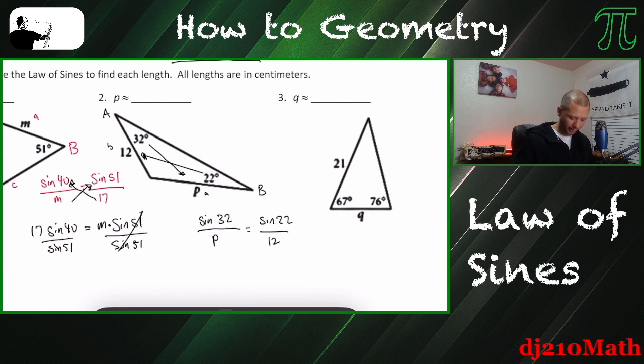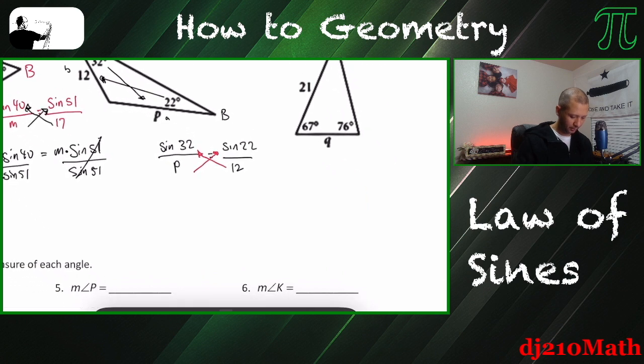Okay, trying to isolate p. It's in the bottom. So I'm going to bring up each of the denominators. So this is going to be 12 sine 32 is equal to p sine 72. All right, we want to isolate p.